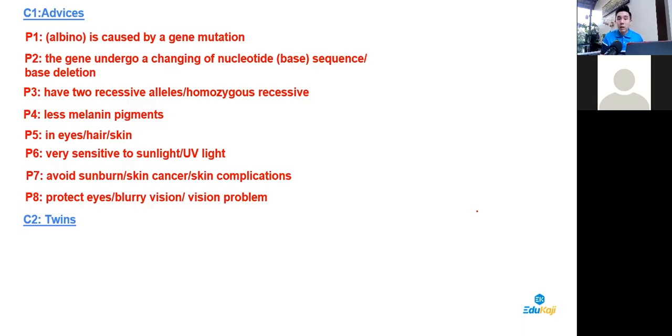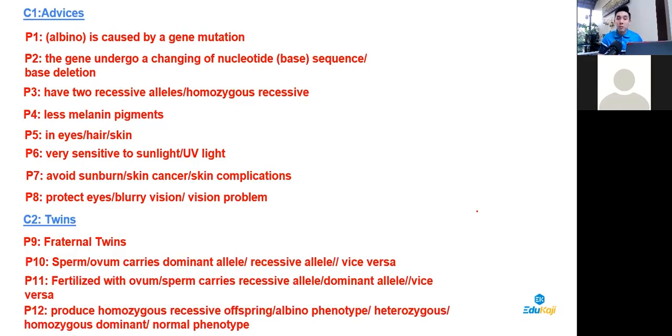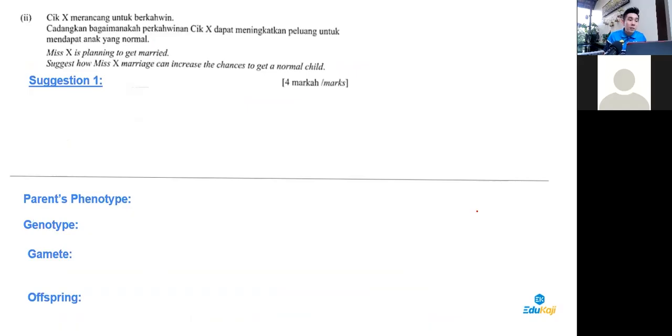Now, as for the next question, why is the skin color of Miss X and Y different? Guys, because they are fraternal twins, which means they're from different sperm and ovum. Wow, there's a follow-up question. Okay, so Miss X decided to get married. How to get a normal kid?